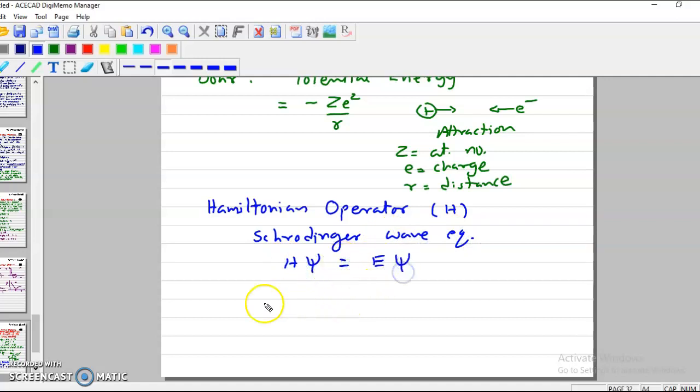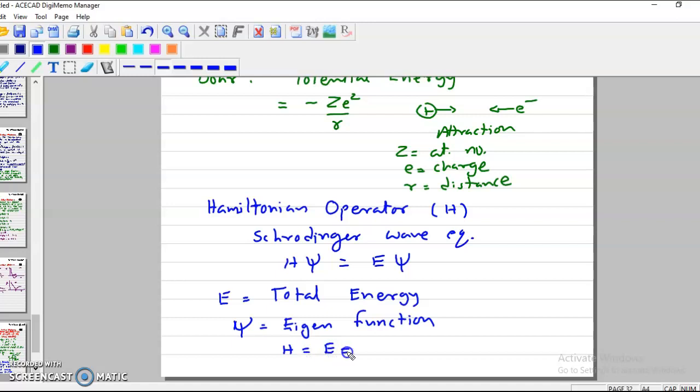In Schrodinger wave equation, E stands for total energy. And if psi is an eigenfunction, then E will be eigenvalue and H is also eigenvalue. Therefore, H is equal to E is equal to total energy.